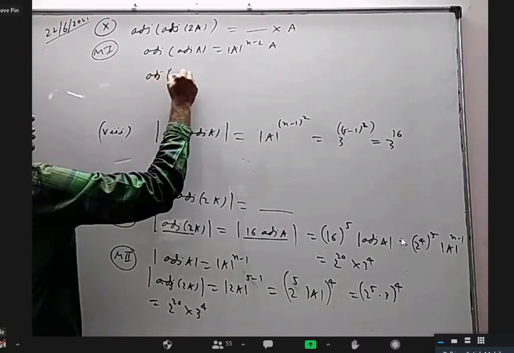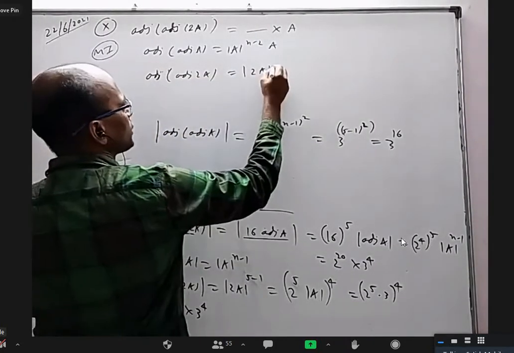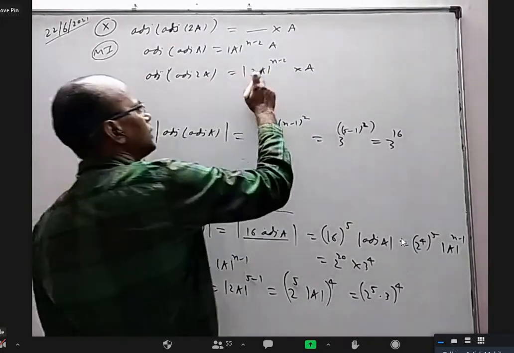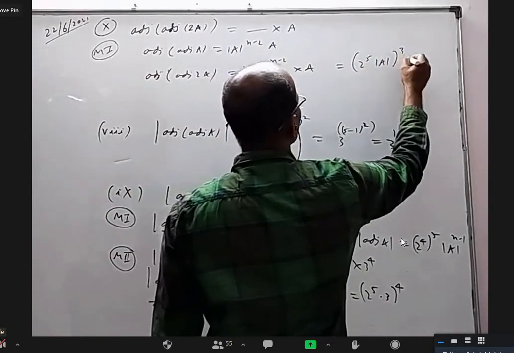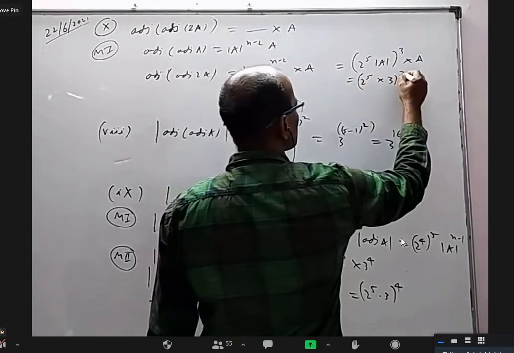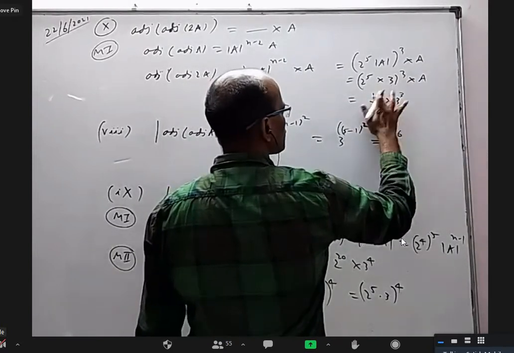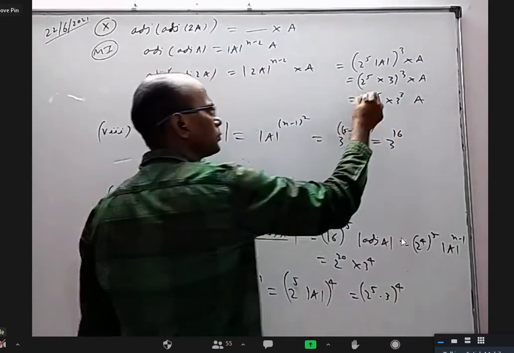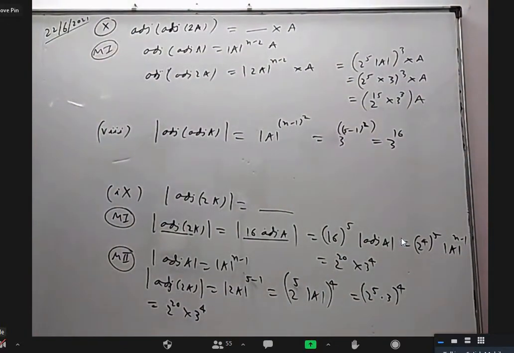So adjoint of adjoint 2A is det of 2A power n minus 2 into A. And det of 2A is 2 power 5 into det A, whole cube into A, which is 2 power 5 into 3 whole cube into A. 2 power 15, 3 cube A. Yeah, it is 2 power 5 into 3 whole cube or 2 power 15 into 3. There is one way to do it.